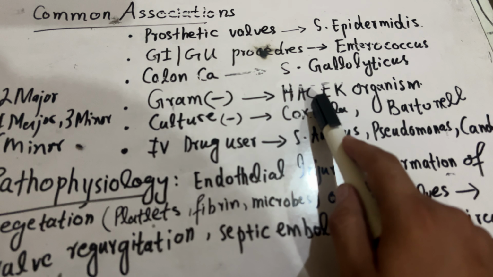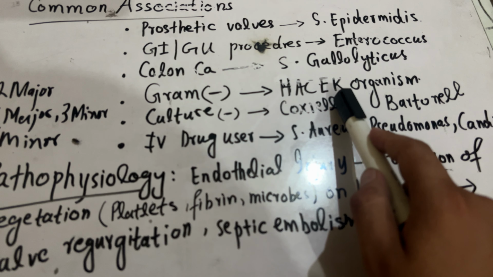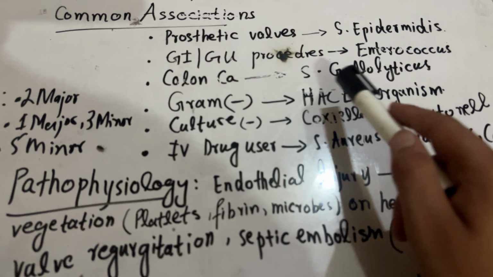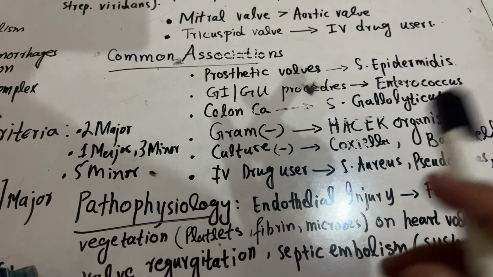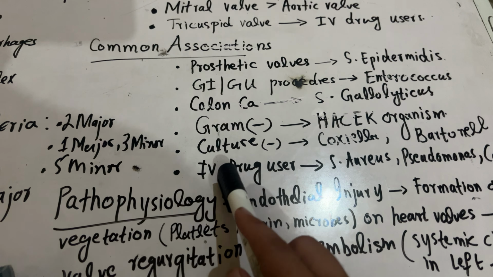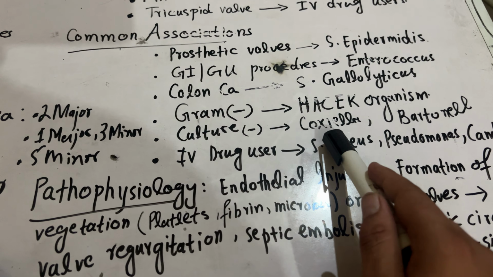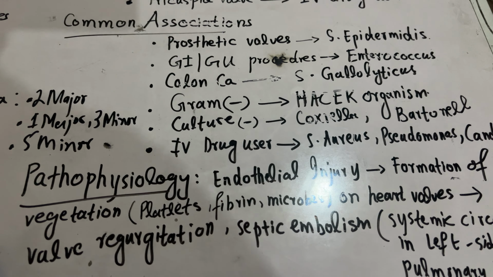C for Cardiobacterium, E for Eikenella, and K for Kingella. These organisms, the HACEK group, cause gram-negative infective endocarditis, while culture-negative infective endocarditis is caused by Coxiella and Bartonella.